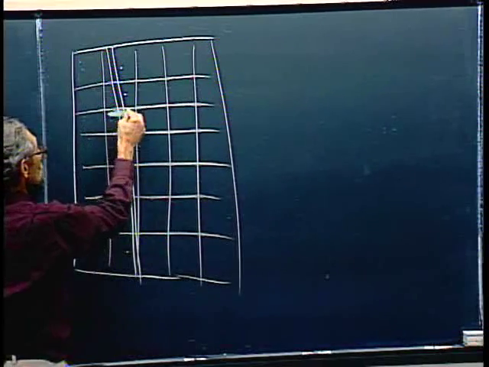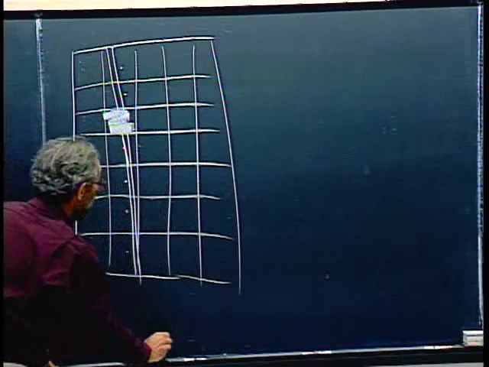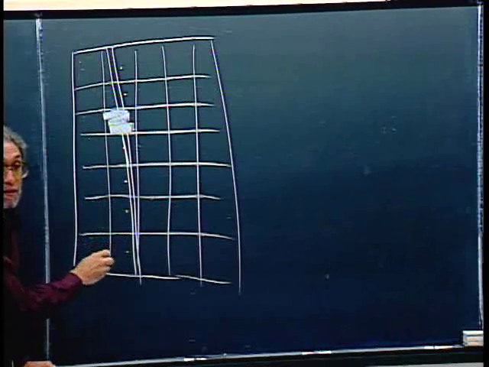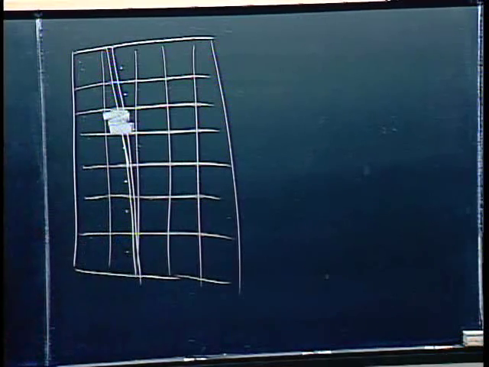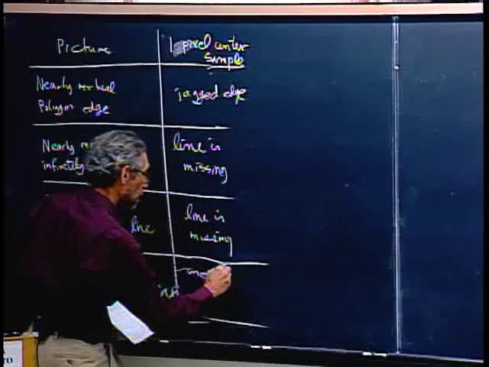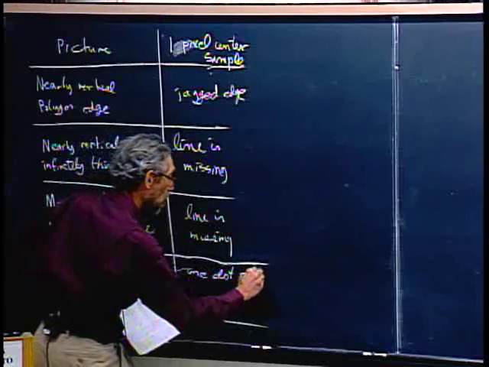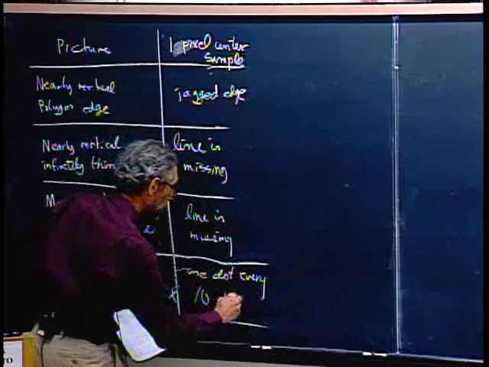And somewhere down here there's going to be another one, 1/10 of those rows. So 1 dot every 10 rows.